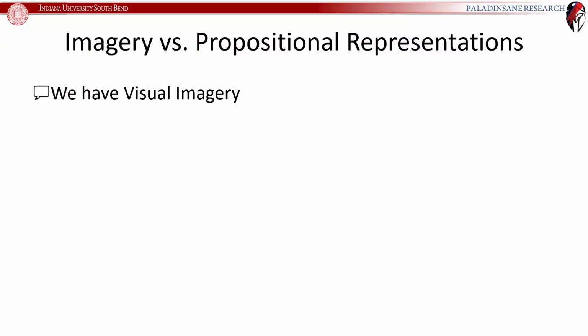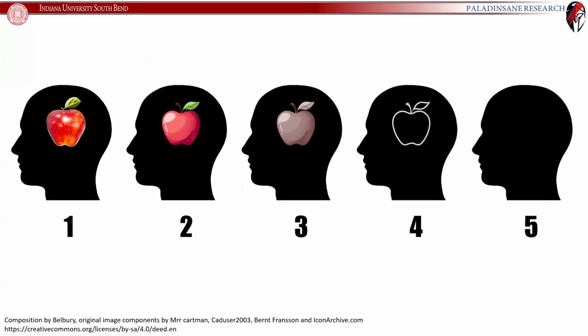All right. So the big thing that we don't want to deny is that we actually do have visual imagery. If I ask you, picture an apple in your mind, and you can picture an apple in your mind, that is visual imagery. So we're not questioning whether or not we have visual imagery. There actually is a condition known as aphantasia, which is the inability to visualize.